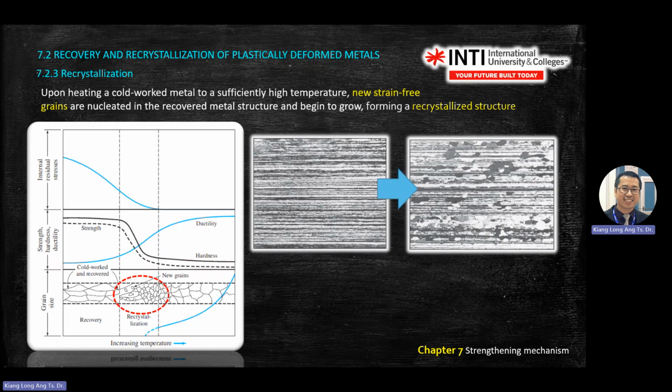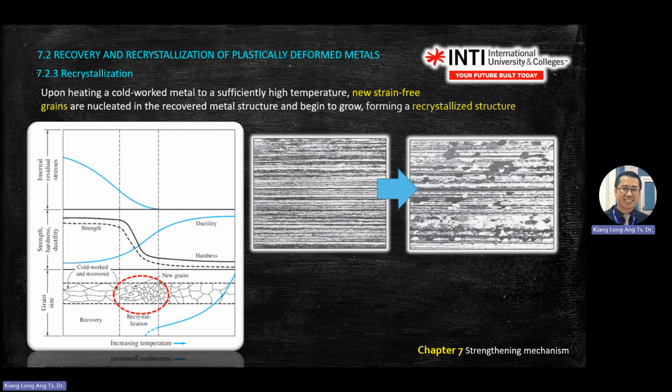So you see from microstructure under microscope, this one is during cold work. You roll it, you straighten out the grain, then you start to increase the temperature. You increase temperature, something like chicken pox will grow along the grain line. So you see the chicken pox start to pop up.